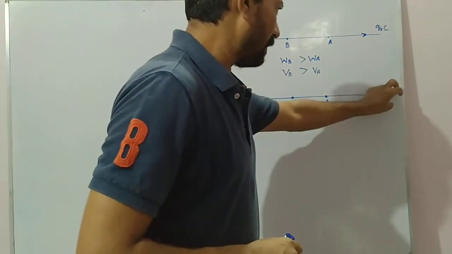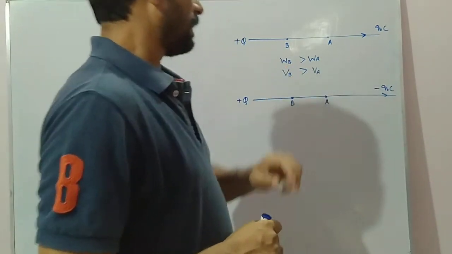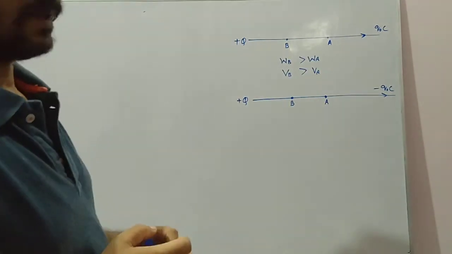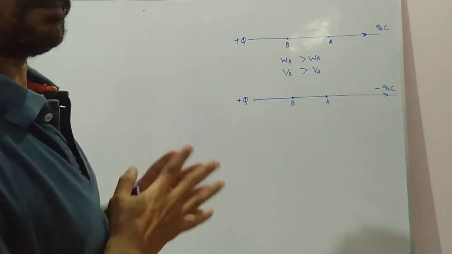When the system moves from A to B, it loses energy. Work is being done by the system.